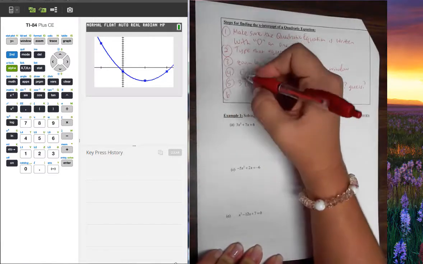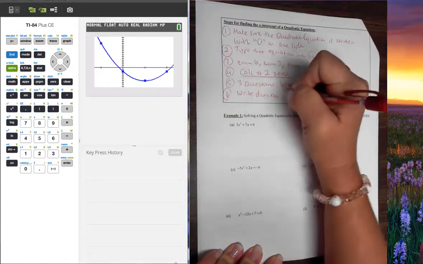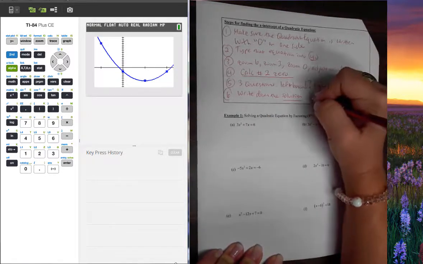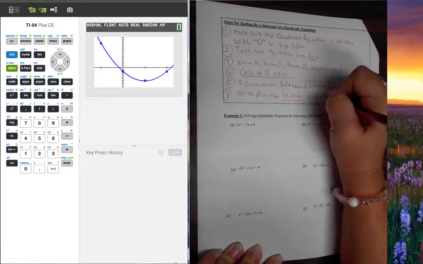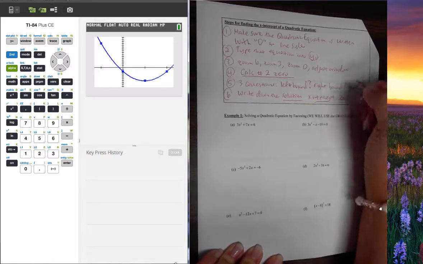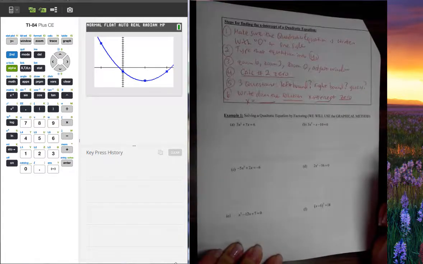And then you write down your solution. That's the same thing as the x-intercept. That's the same thing as 0. It's x equals whatever that answer is.